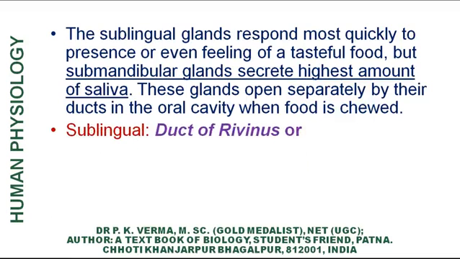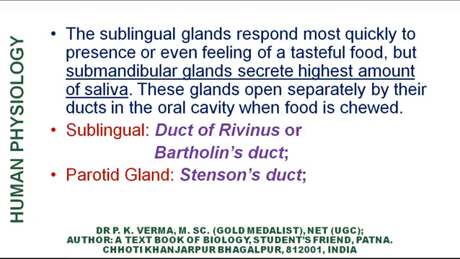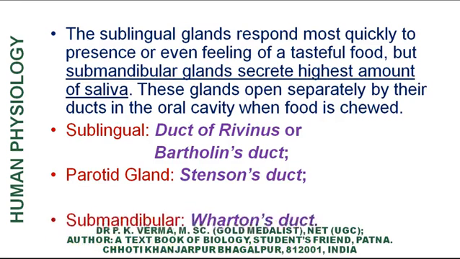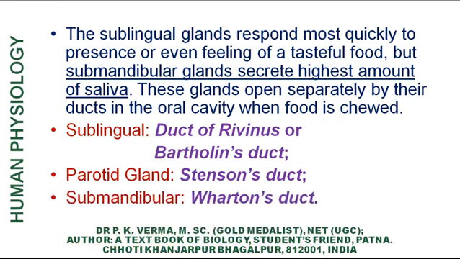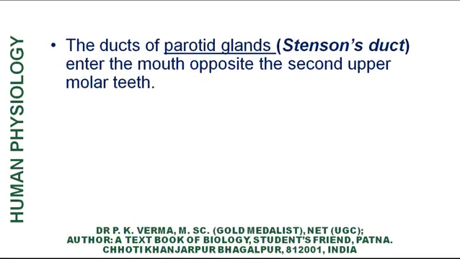The sublingual gland has the duct known as the duct of Rivinus or Bartholin's duct. The parotid gland has the duct named Stenson's duct, and the submandibular gland has the duct known as Wharton's duct. Stenson's duct enters the mouth opposite the second upper molar tooth.